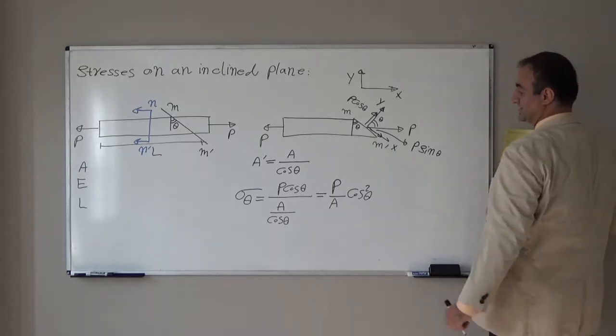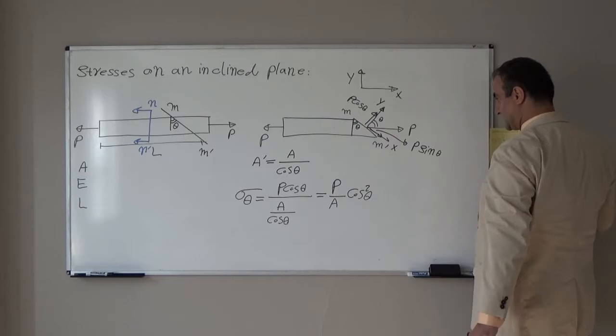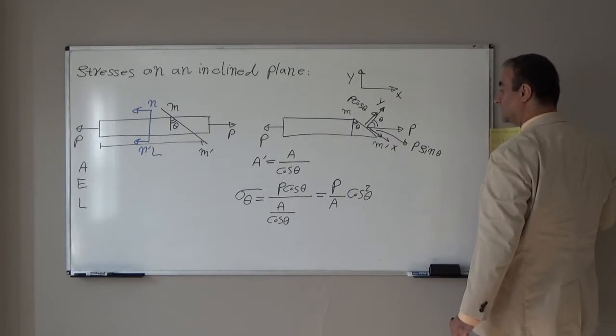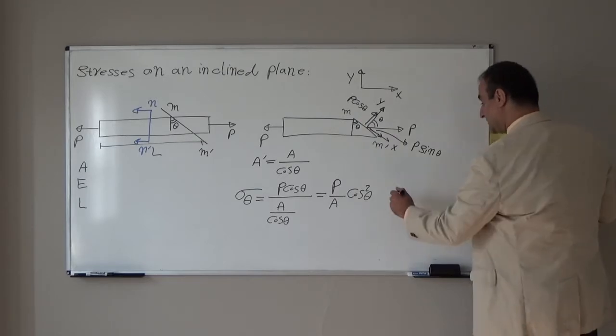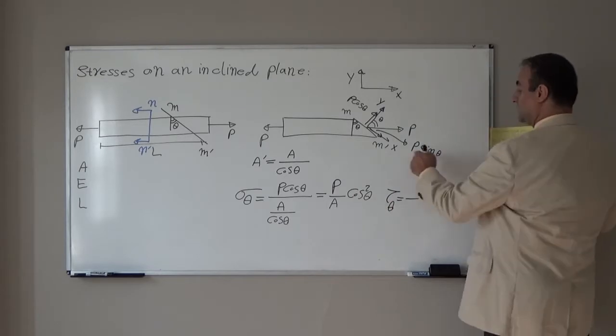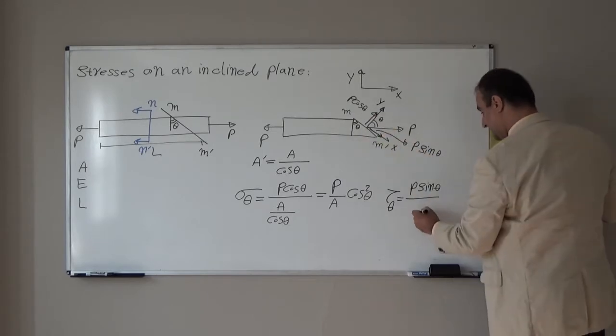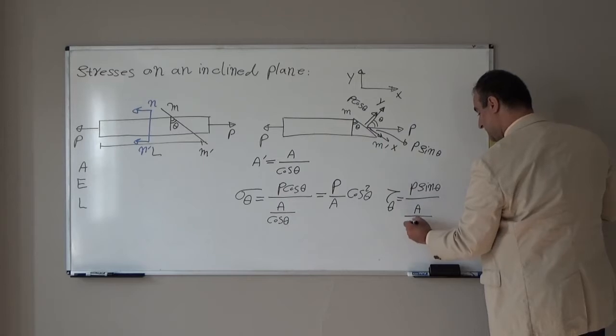How about shear stress? Here, because we have force tangent to this area, tangent to that plane, tau in that plane will be the tangent force P sine theta divided by the area, which is A divided by cosine theta.